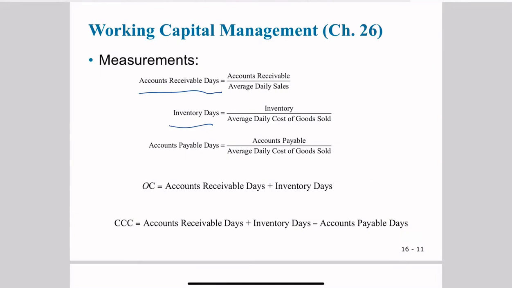The inventory days basically means how many days it takes you to convert your inventory into products. And accounts payable days means how many days you can delay your payment to your supplier. And then operating cycle means how many days it takes to buy raw materials and get money from your customer, right?